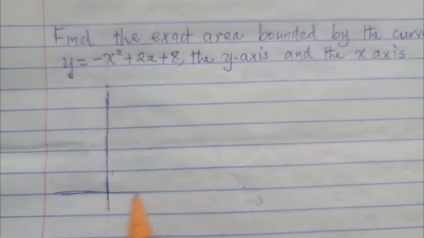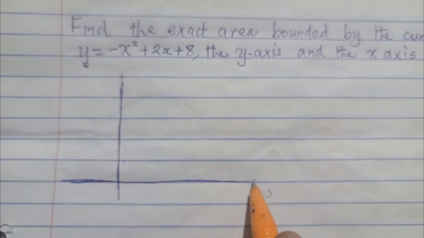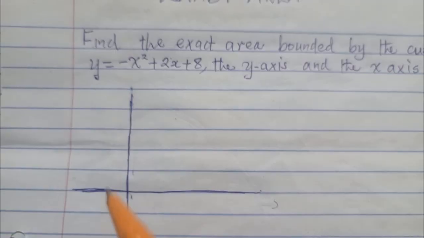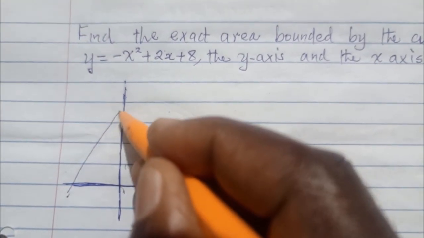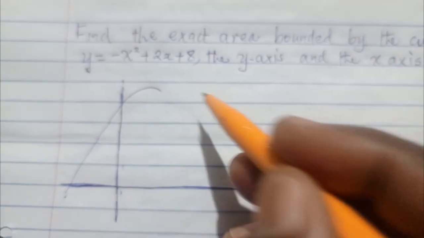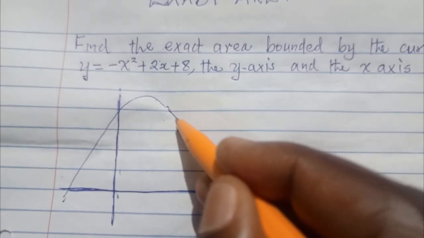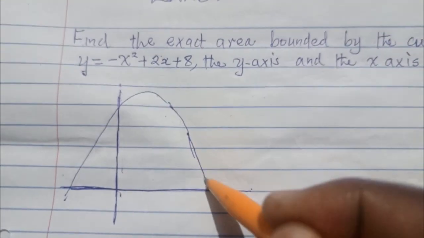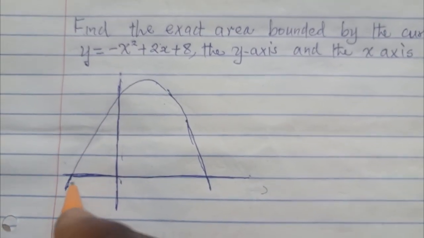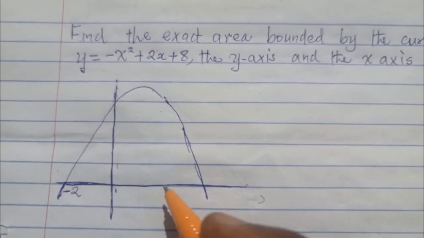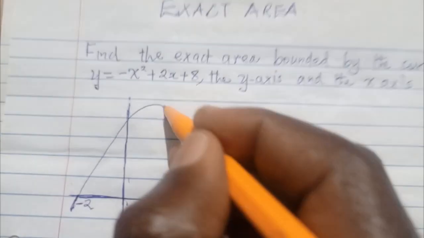Now, because this is not a new curve, you've used it before, if you recall, it's a curve of this nature. You can check my past videos where I've explained how to sketch a curve. When you sketch this, you realize that it is a curve of this nature, having x-intercepts at -2 and at 4.